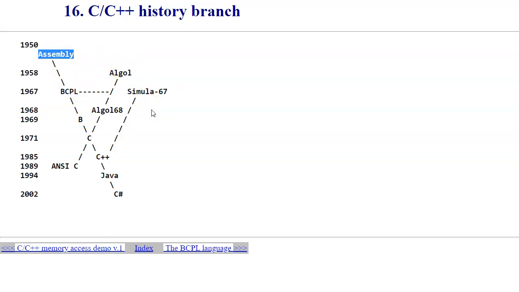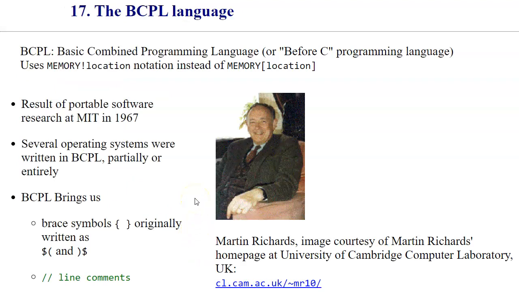in assembly. Now, C gave birth, or was used as a foundation for C++, which gave foundation for Java syntax, and later C#. BCPL stands for Basic Combined Programming Language, or before C programming language, as programmers joke sometimes.